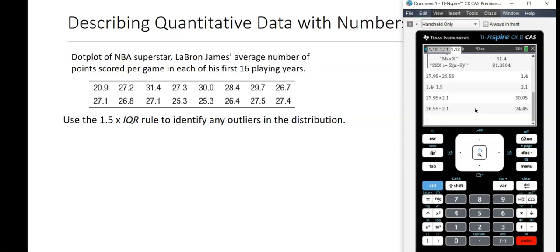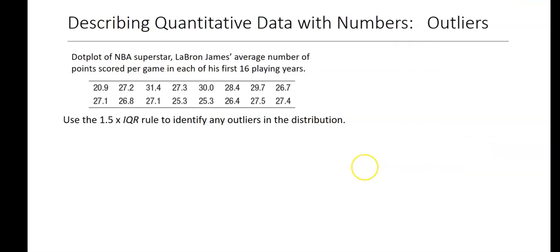So my lower fence is anything below 24.45 is an outlier. Anything above 30.05 is an outlier. So we definitely have an upwards outlier at 31.4. And anything less than 24, I know there was a 21-ish in there, wasn't there? 20.9. So those all seem to be outliers.